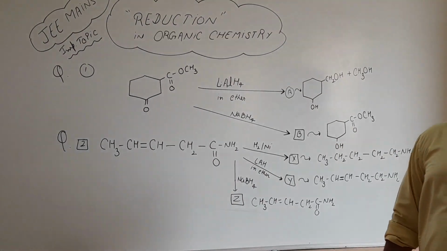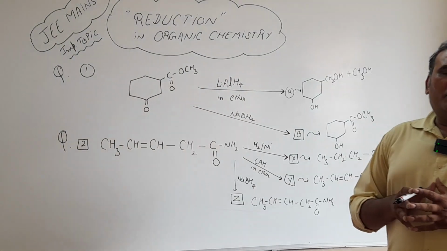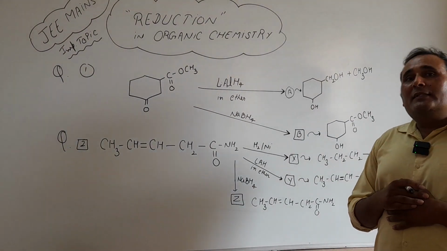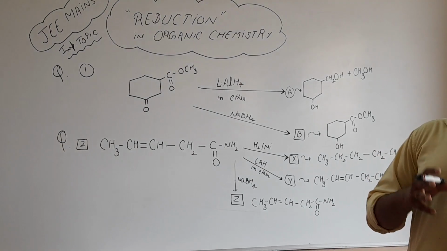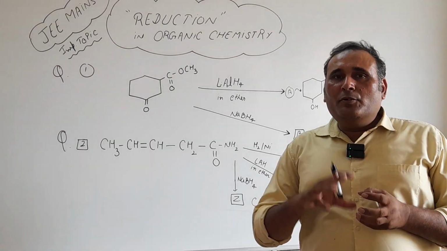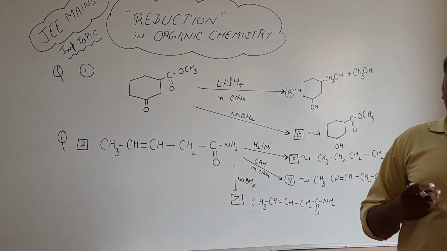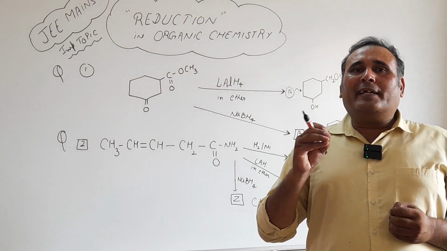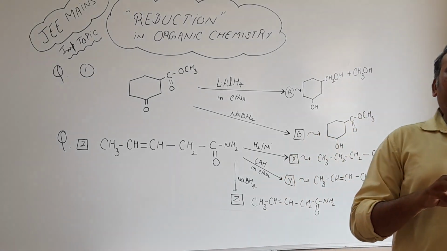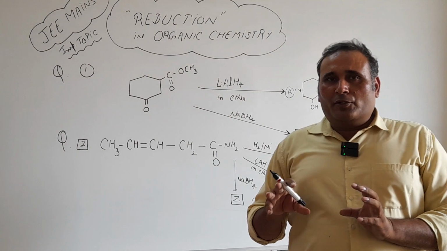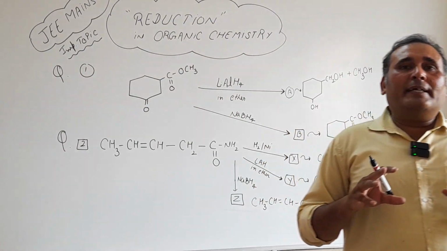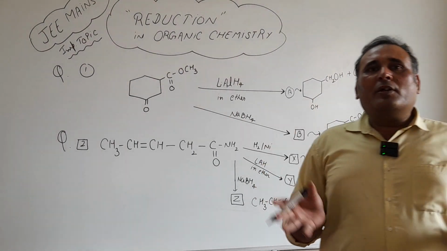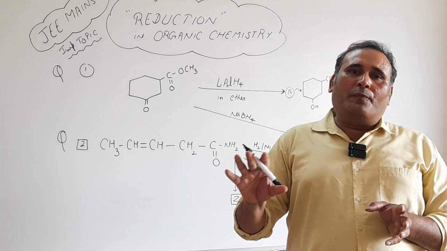So how can we solve this question, or how do we know these answers? If we know which functional group is reduced by which reducing agent. We know some reducing agents are selective in nature; they selectively reduce a particular functional group. But some reducing agents have broad coverage; they reduce a lot of functional groups.